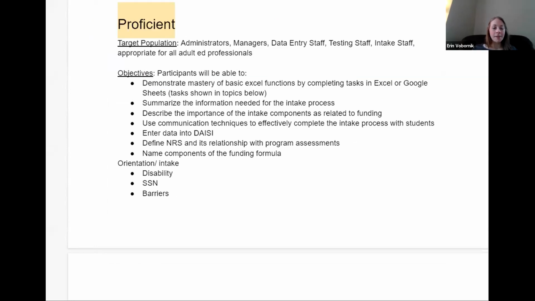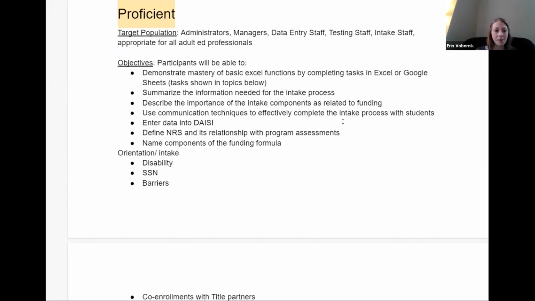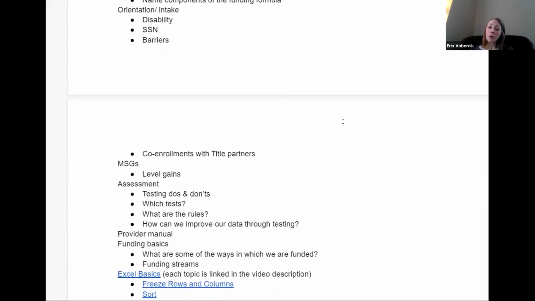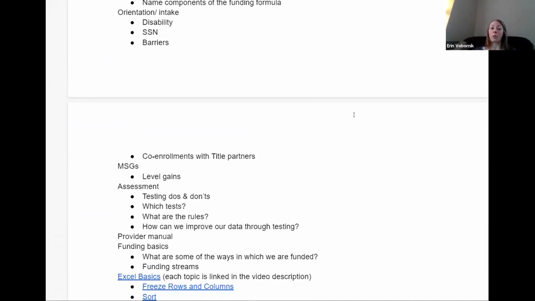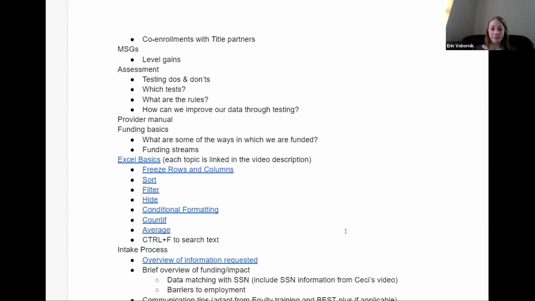Okay. So this is some of what we were thinking under the proficient pathway. Proficient really being what those who are doing intake are going to be responsible for, and of course everybody who is responsible for more than that as well. So the important components of orientation and intake, the basics of MSGs and assessment, pointing back to that provider manual and funding basics.